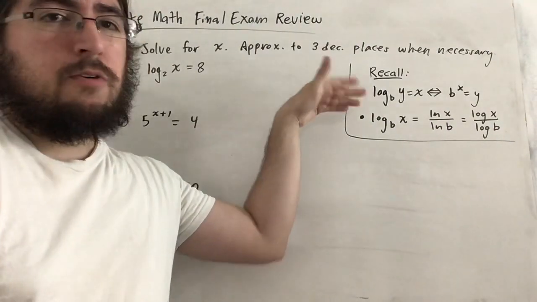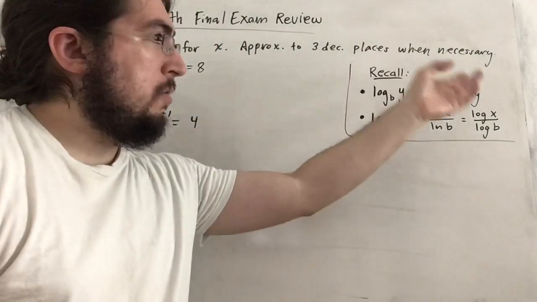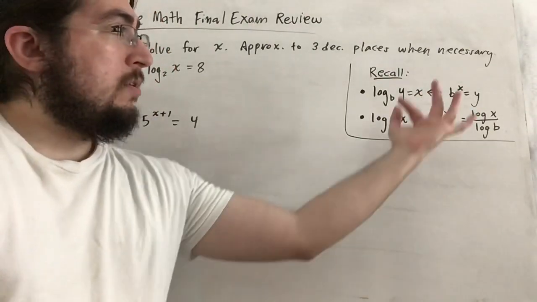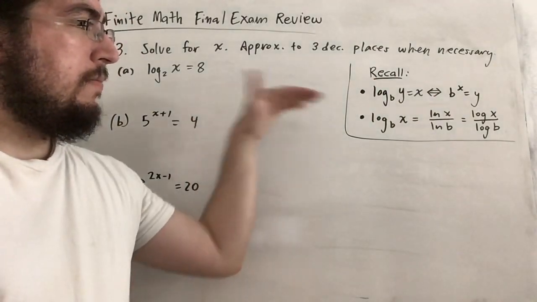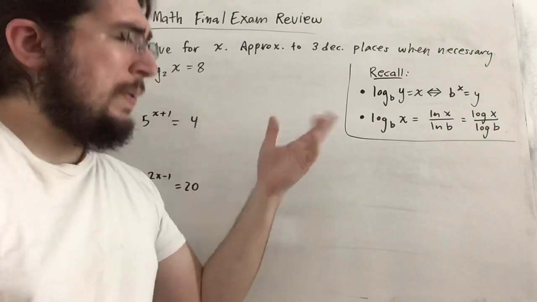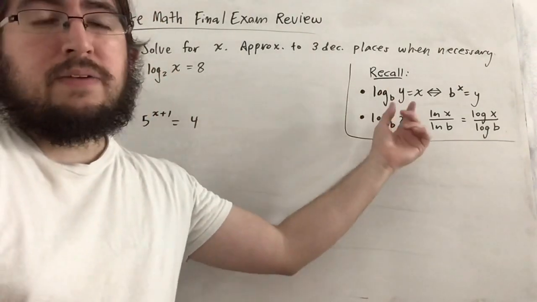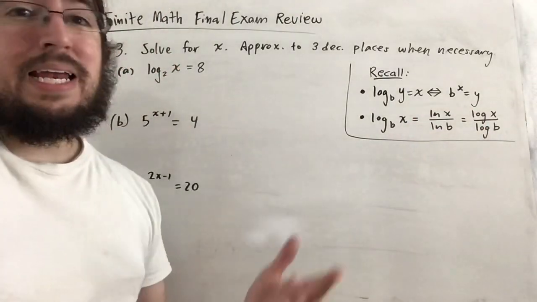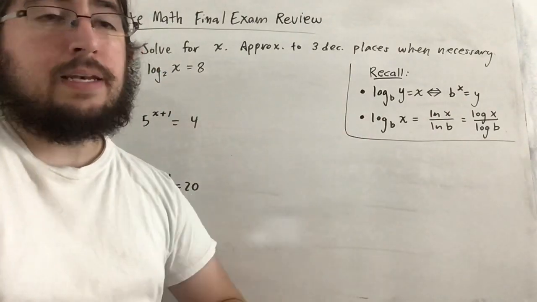The definition of logarithms, log base b of y equals x, is equivalent to the so-called exponential form, b to the x is equal to y. So these 3 things, b, x, and y, just move around in this way. This last one here is called the change of base formula, which basically says that the log base b of x can be either written as ln of x over ln of b, or log of x over log of b, where ln is log base e, and log without the base is a log base 10.